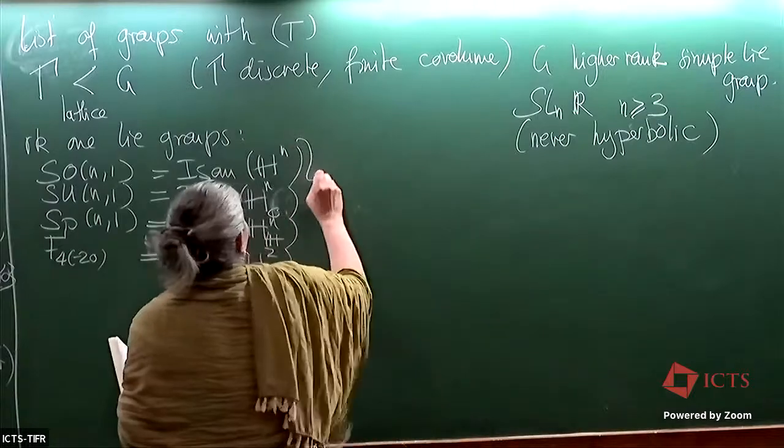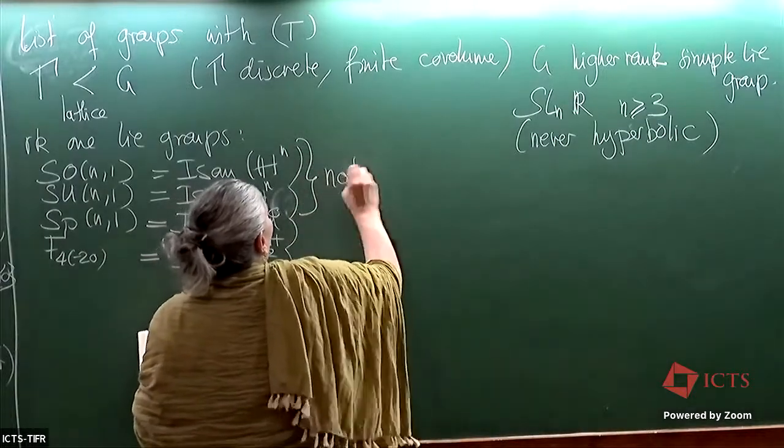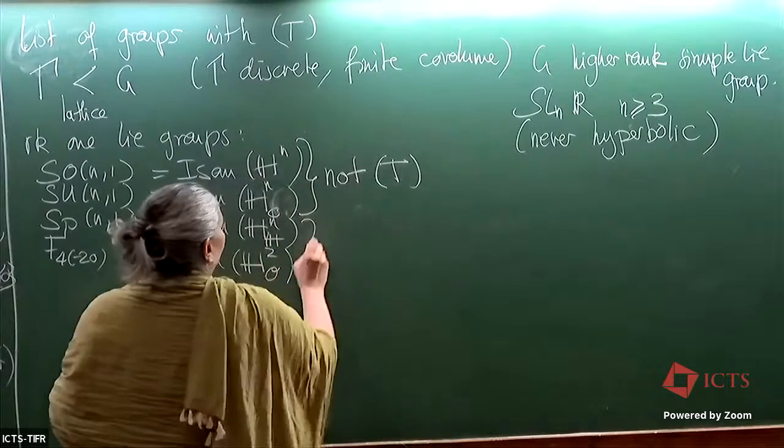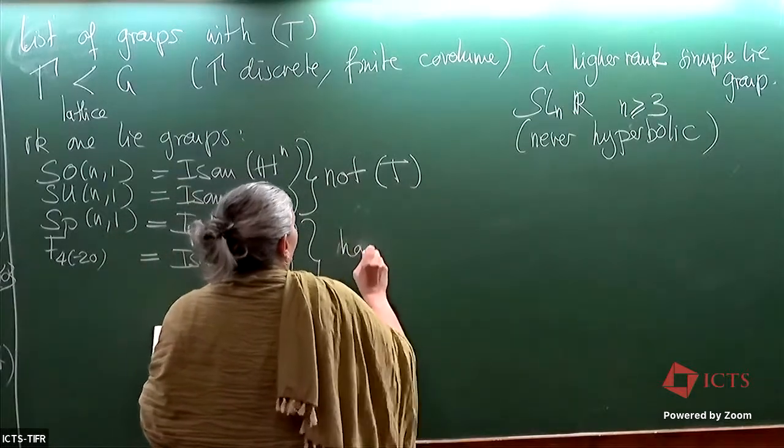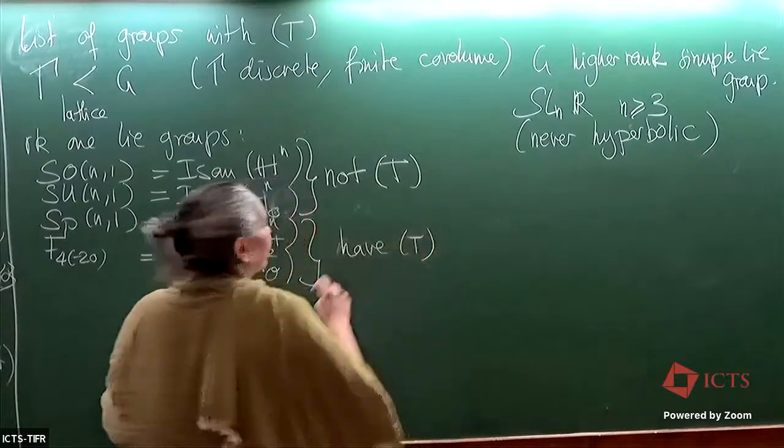So those don't have property T, but those have property T. I'm not going to give the proof.